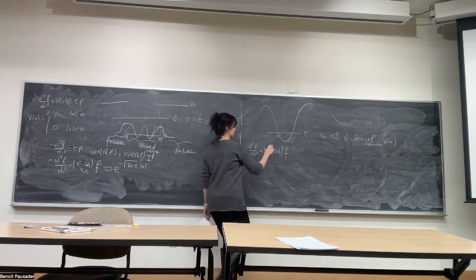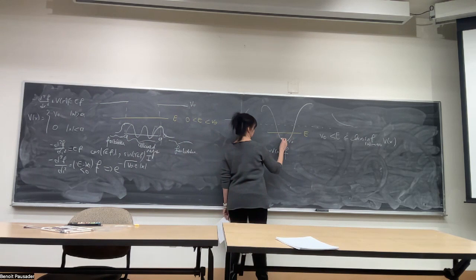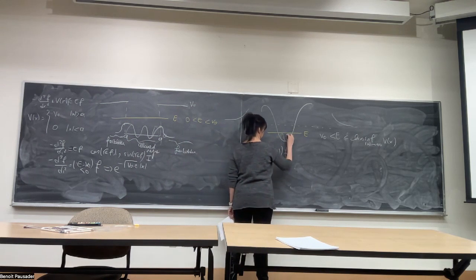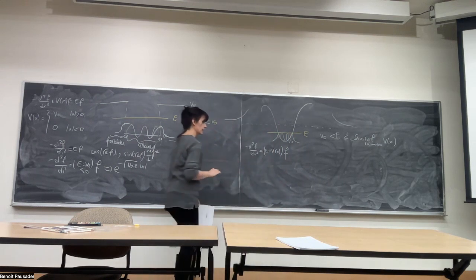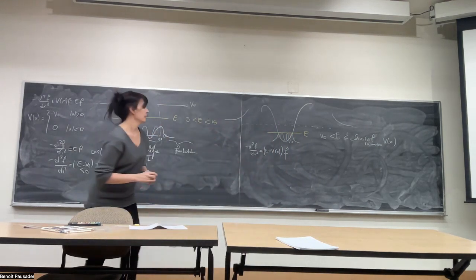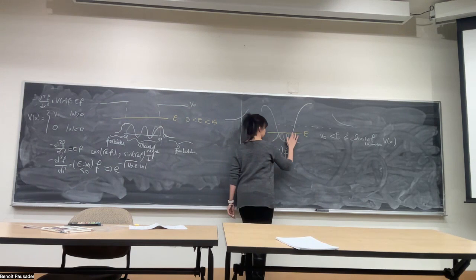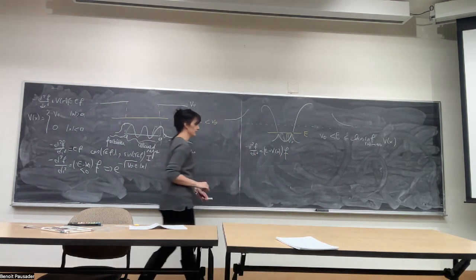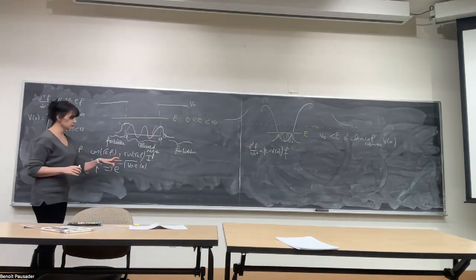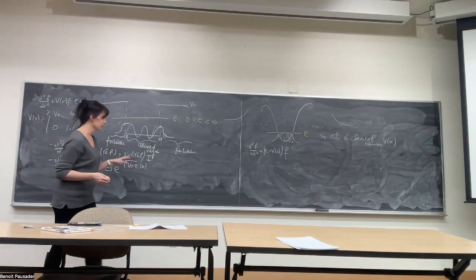So if I do the same understanding, and this is V of x, I will again expect oscillation here and exponential decay here in the same way. So we again have the allowed region, and now we will again have a forbidden region.